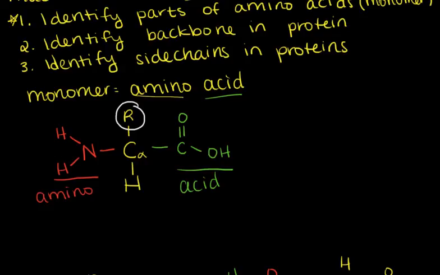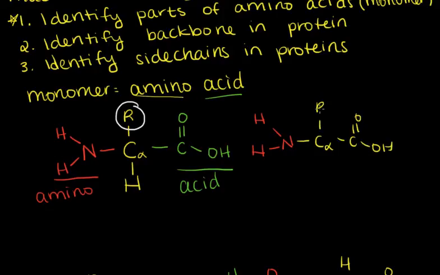Okay. So these condense to form polymers a little bit differently than in the carbohydrates or the lipids, because we saw in the carbohydrates and lipids, it's pretty much just OH groups involved. In the amino acids, it's the amino group and the acid group that combine.